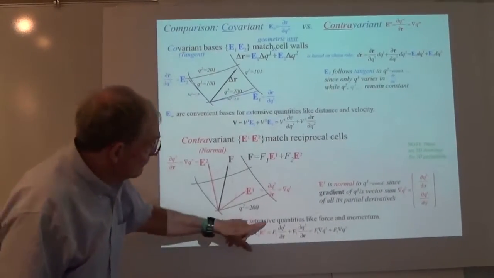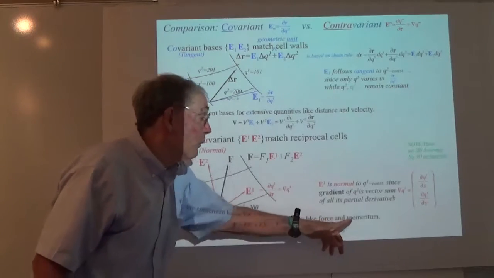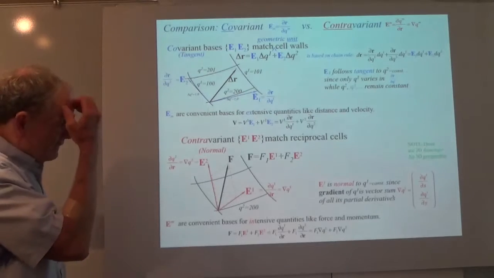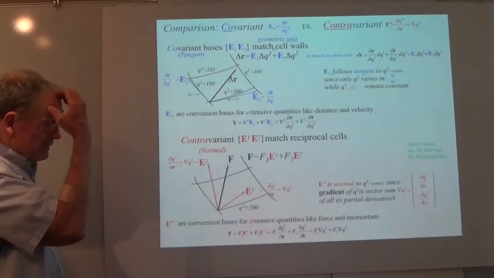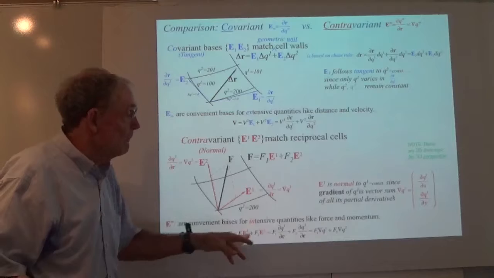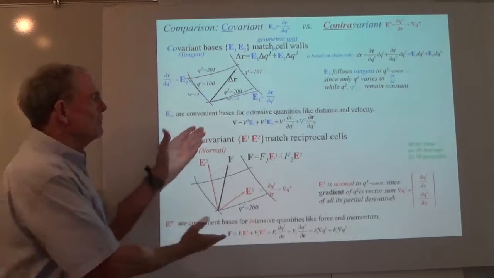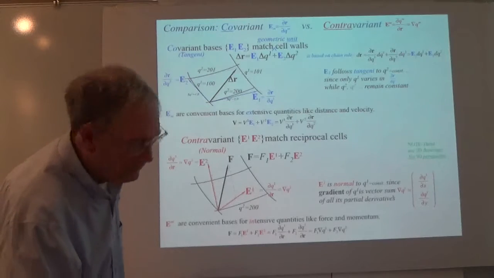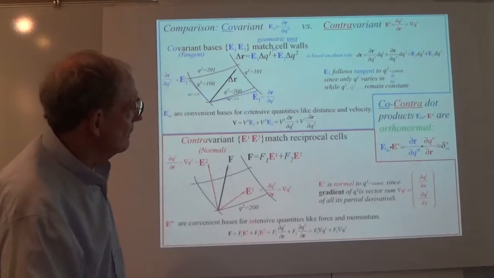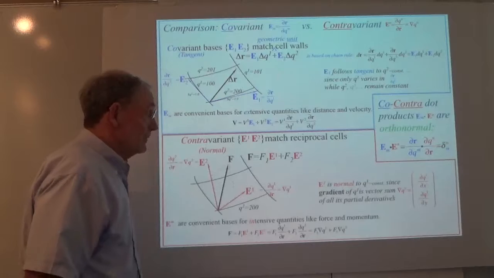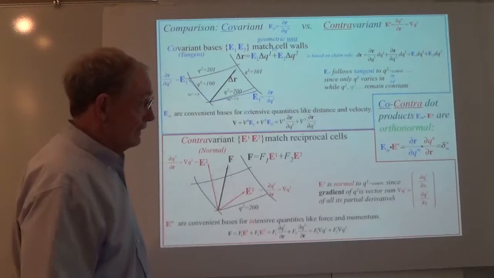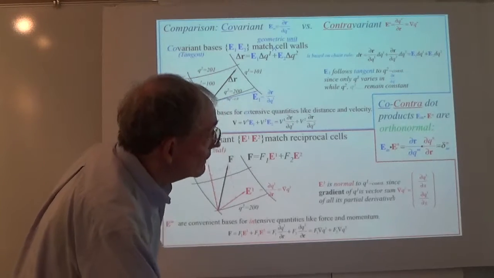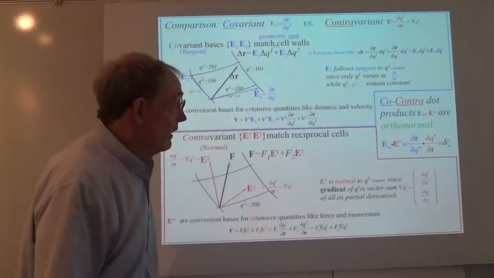But intensive quantities, force, momentum, things that are all sort of defined physically at a point, they would be often more convenient, but there's no rules about that. That's just a tendency that I noticed in using of these things. But this is the key thing. When I said that we force the orthogonality, this is what I mean. So put this on both screens so that it really stands out.